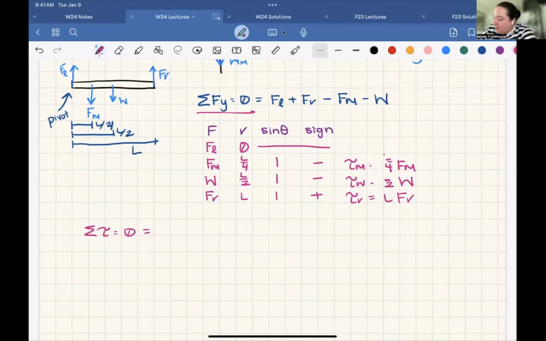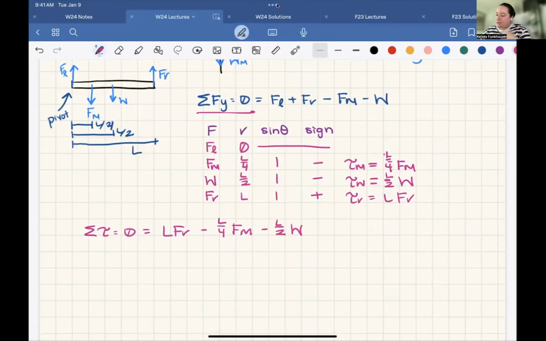Sorry, ignore that, because we're going to stick to what we've been doing by taking the signs into account when we put it in the equation, just like we do with forces. So I don't want to confuse it. Okay, so the positive one is L FR, and then our negative ones are L over 4 FM minus L over 2 times the weight.